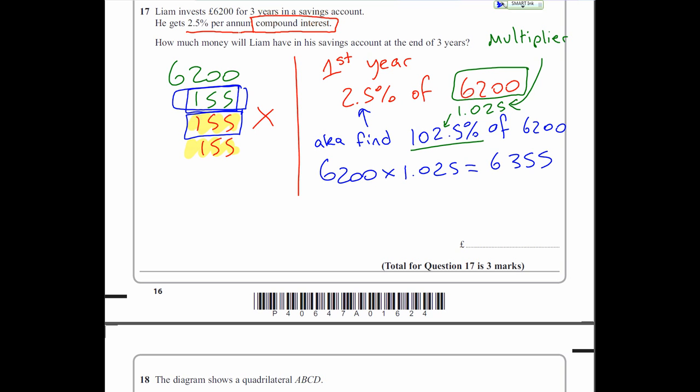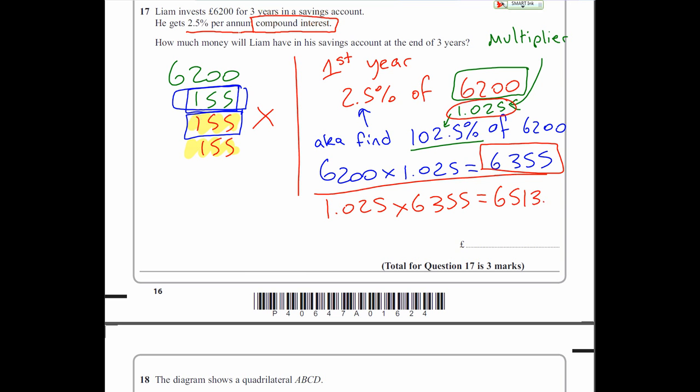That's the first year. Second year. What you're going to do, I've just talked about how to get the multiplier. We're going to do the multiplier times by the new amount. And we get £6,513.87.5 pence. That's the second year.